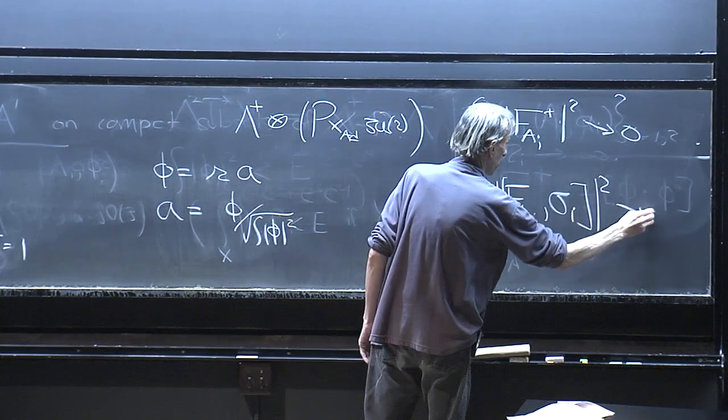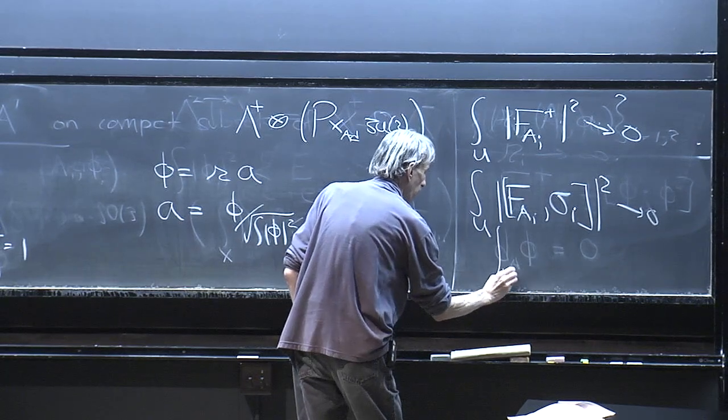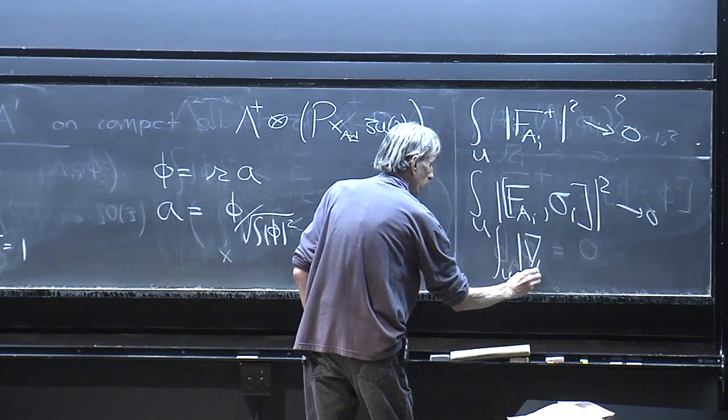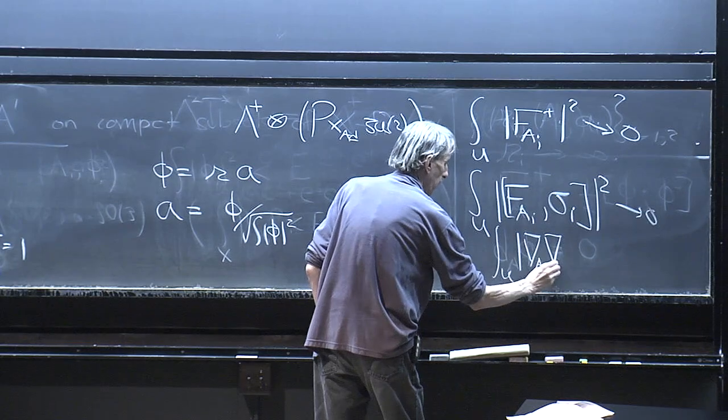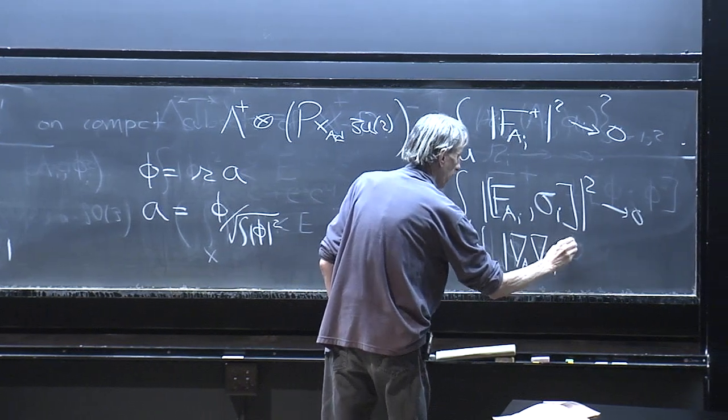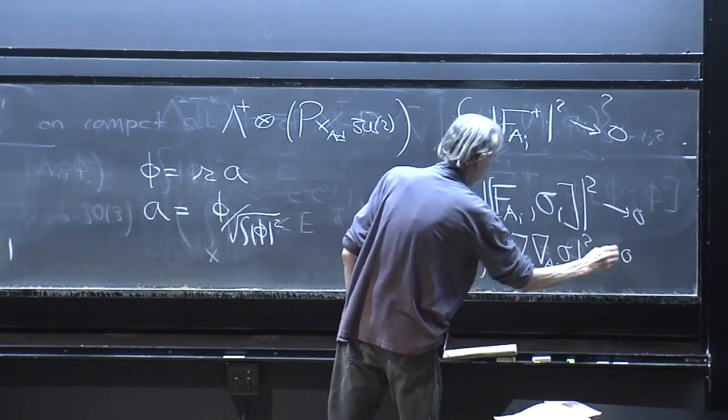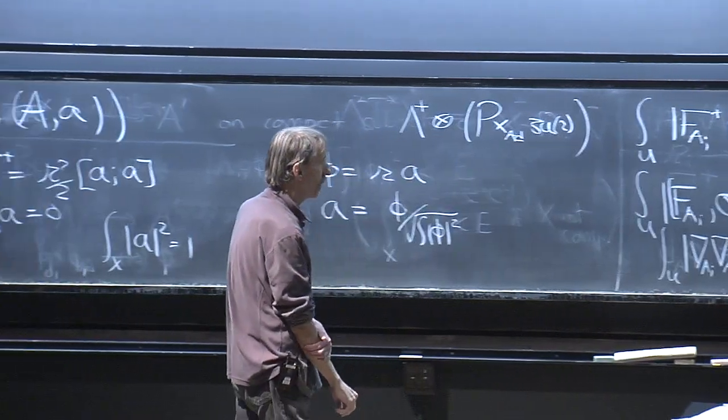So this is going to 0, and then various other second derivatives are going to 0. So there's various higher and higher order convergence you can say on the complement of the set U.